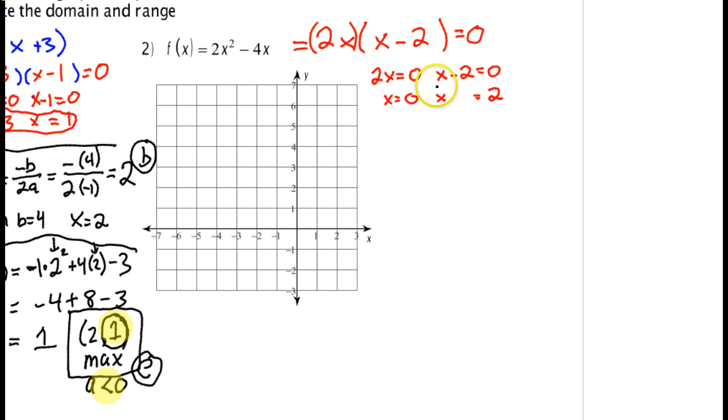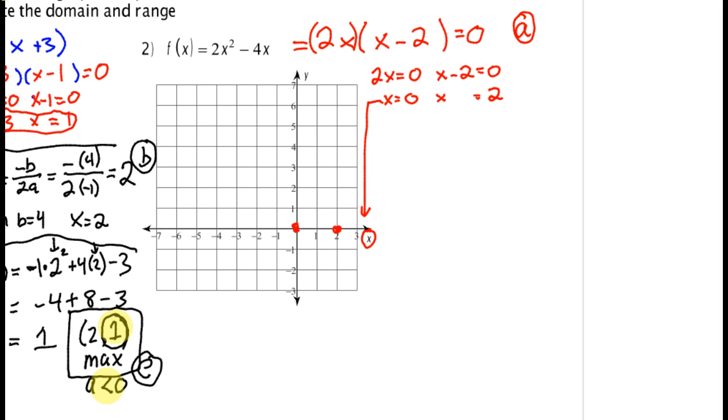What does that mean graphically? Once again, let's know what that means. These are x's, right? So you go down here, say 2 and 0, just like that. There's my x-intercepts. Part A.